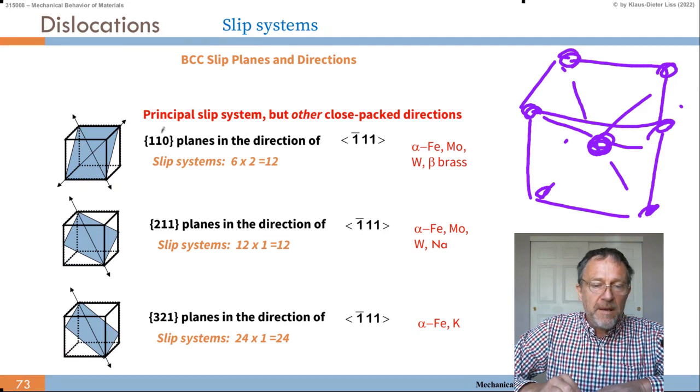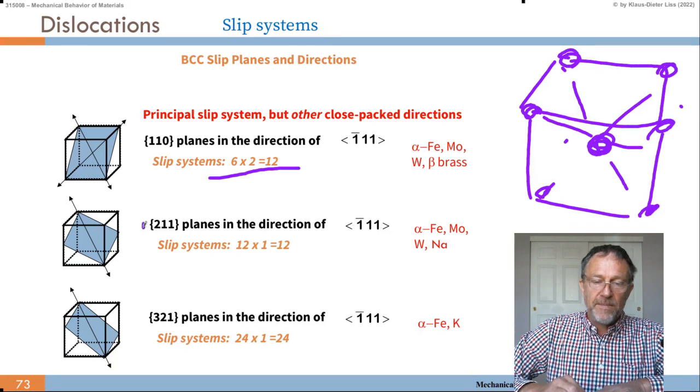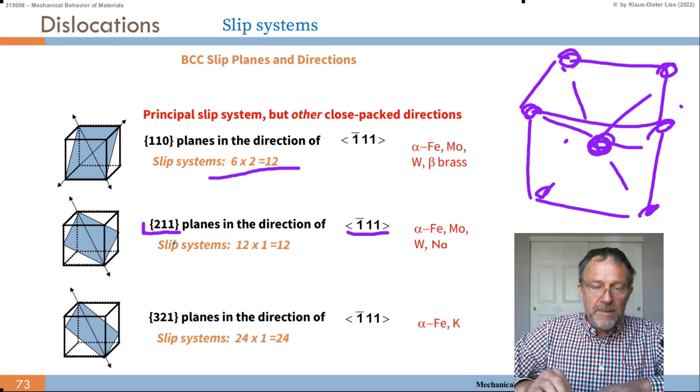For example, we have the {1,1,0} planes in the direction of <-1,1,1>, and that gives you 6 times 2 equals 12 slip systems. Then we have slip on the {2,1,1} planes in the same direction, <-1,1,1> type, and that gives you 12 times 1 gives 12 possible slip systems.